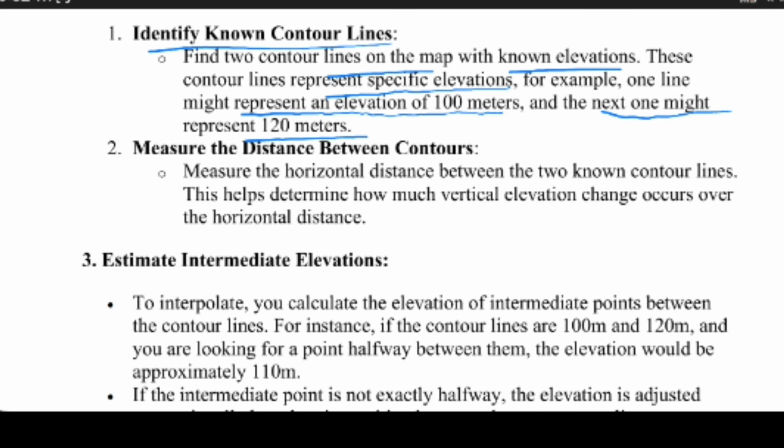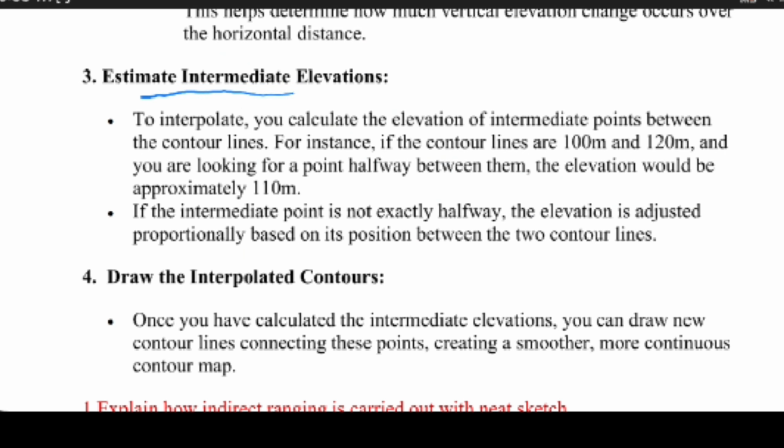Next, measure the horizontal distance between the contour lines, which helps you determine how the elevation changes over horizontal distances. Next, estimate intermediate elevations. Using interpolation, you can calculate the elevation of intermediate points between the contour lines.